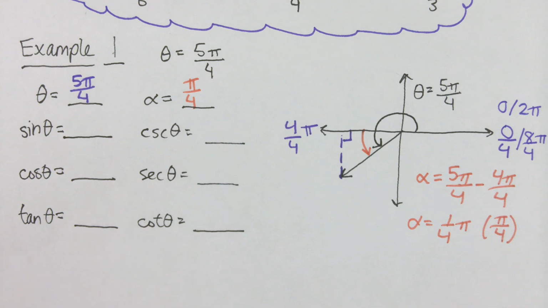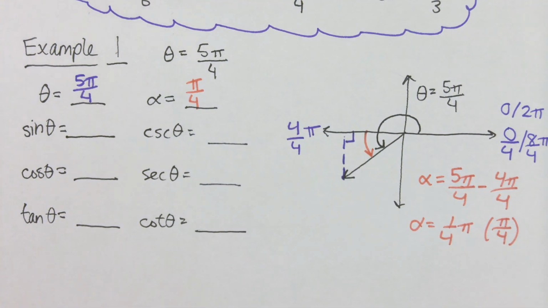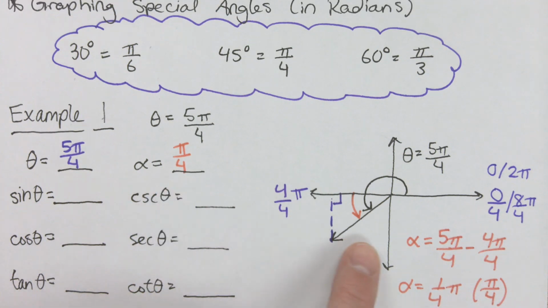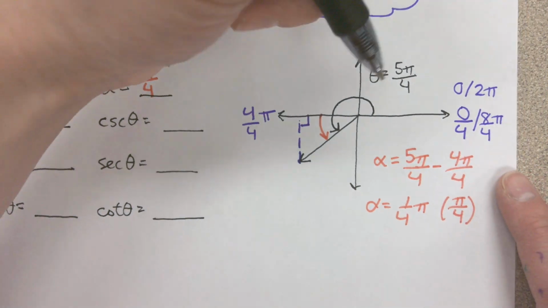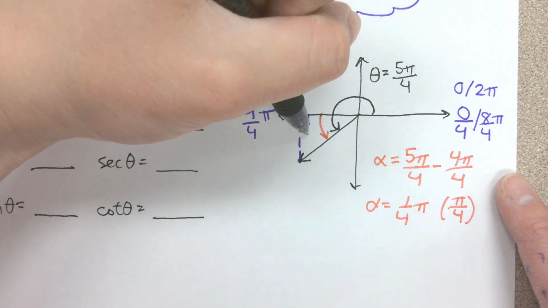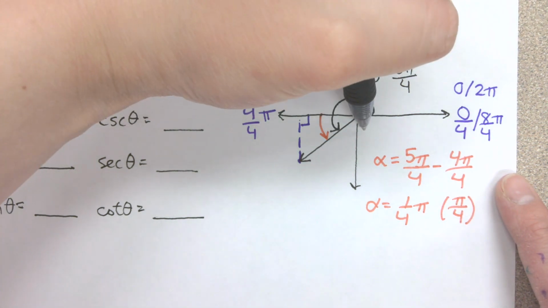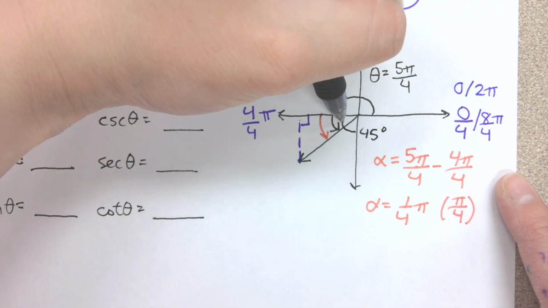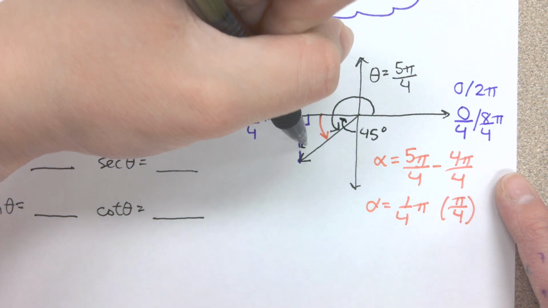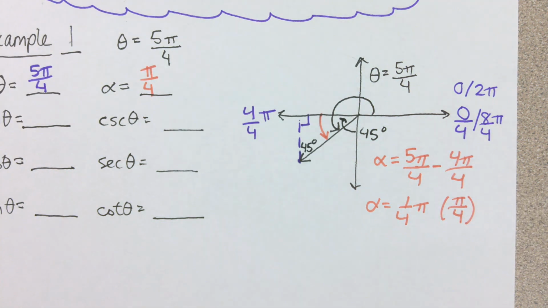So from here on out, we'll focus on the degrees now. So again, hopefully you're working on memorizing the conversions. Pi over 4 means that this angle inside of here is 45 degrees. And I don't really have a good place to put it, so I'm going to put it outside the triangle. How would you know it's 45 degrees instead of 36 degrees?